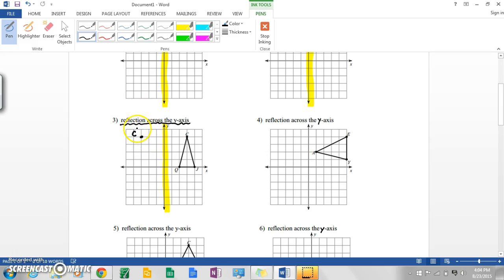Make sure that when you put your point, right after you do that, you label it C prime. It's very important because sometimes when we plot a bunch of points, it gets confusing as to which one we just plotted. So we started on our line of reflection, we counted over 1, 2, 3, and we have our first vertex.